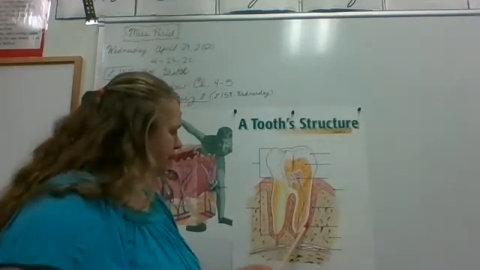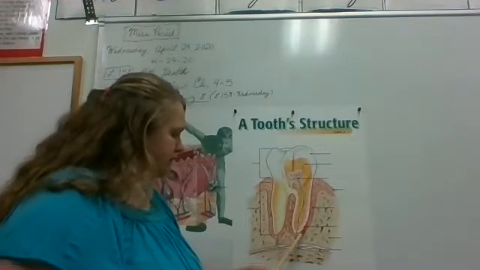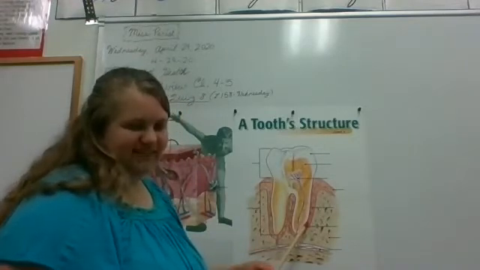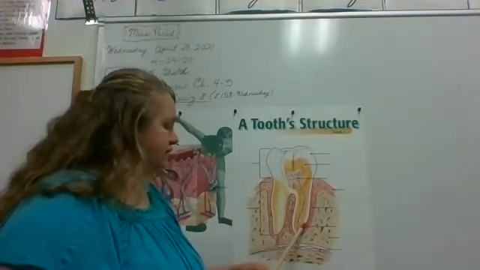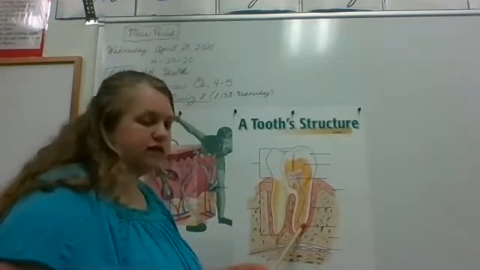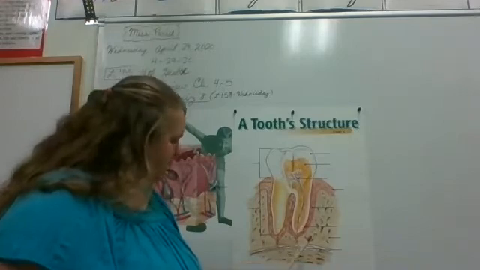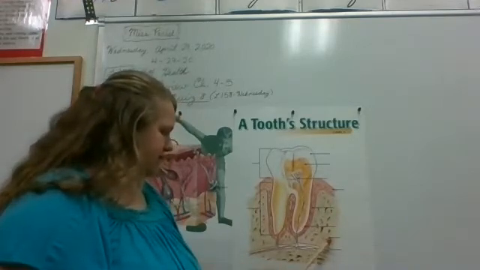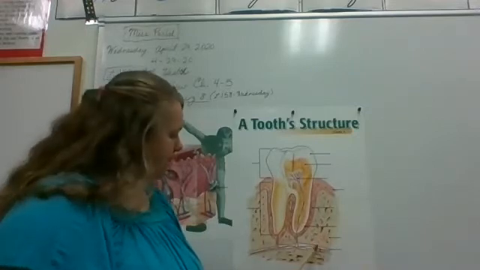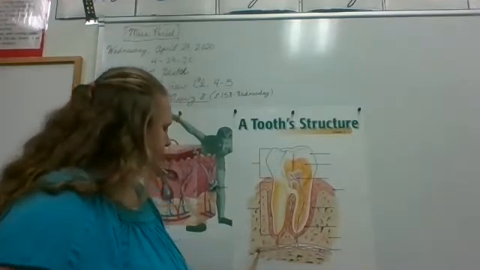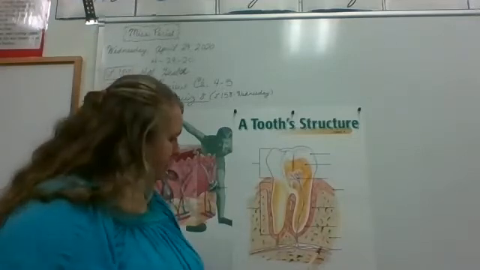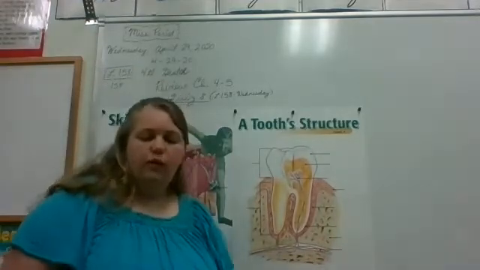All right, and then this thin layer right here is what? Cementum, so kind of like cement, right? It holds the tooth in place. And then what is this hard thing out here? Jawbone, good job. And then down here, what do we call this? Well, they're veins, but you would call it the blood supply. So hopefully you got that. Blood supply is what we have.